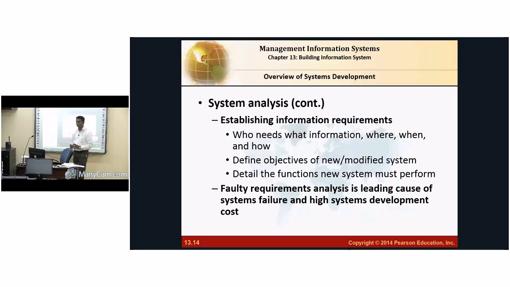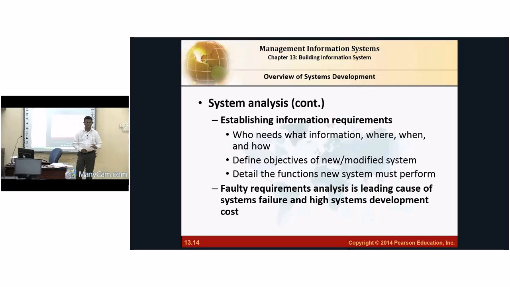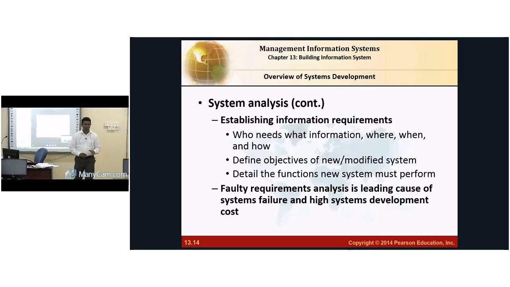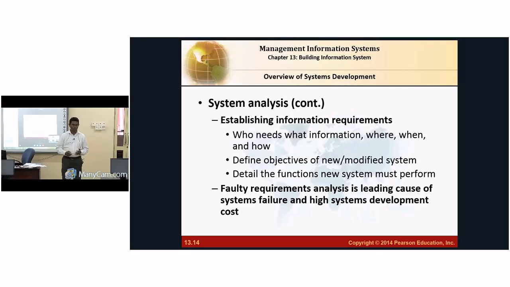So if you fail to identify the requirements at the initial stage correctly, this might end up with a very high development cost, right? So at the initial stage, you need to identify the exact requirement, what, when, and how this is to be delivered.